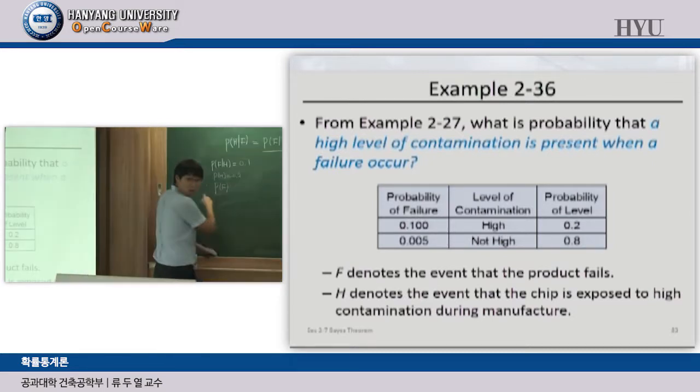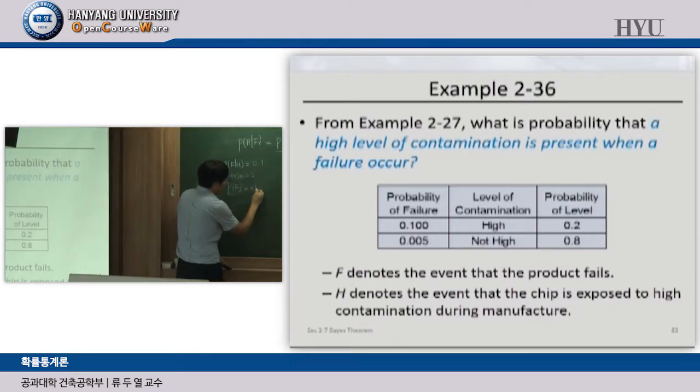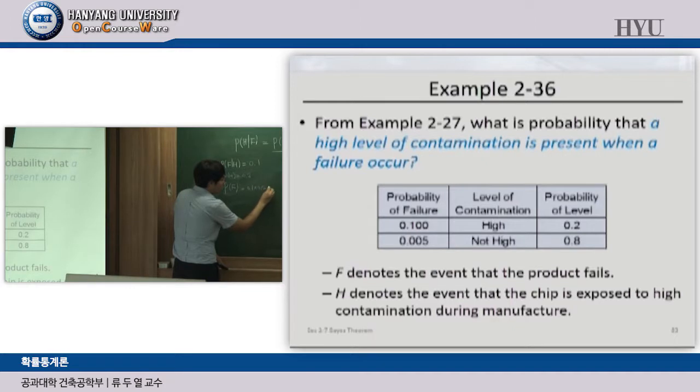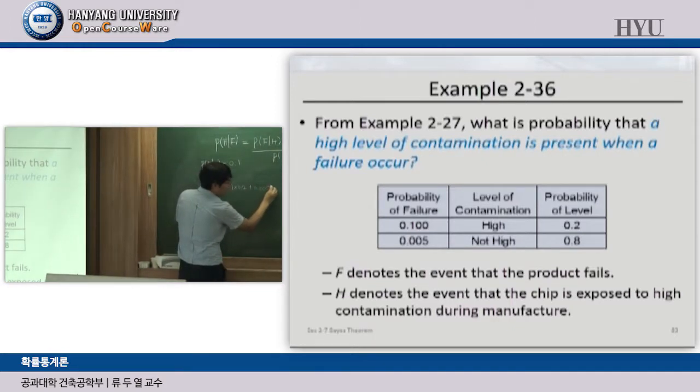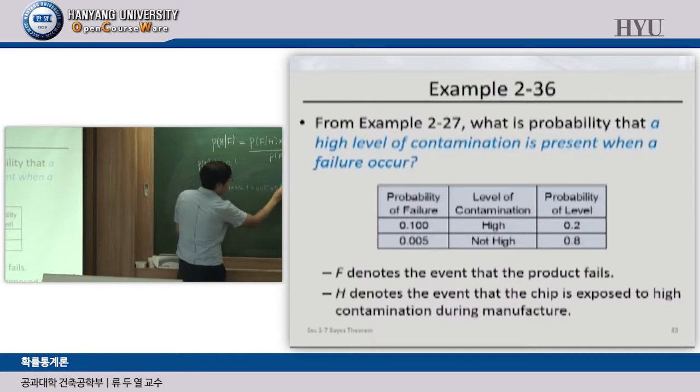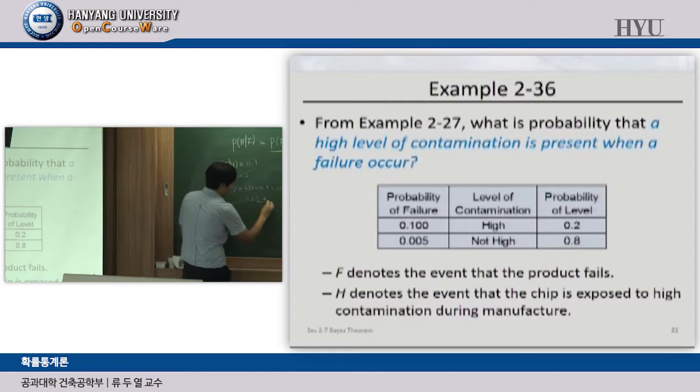So the probability of failure equals 0.1 multiplied by 0.2 plus 0.005 multiplied by 0.8. That equals 0.02 plus 0.004. So that is 0.024.